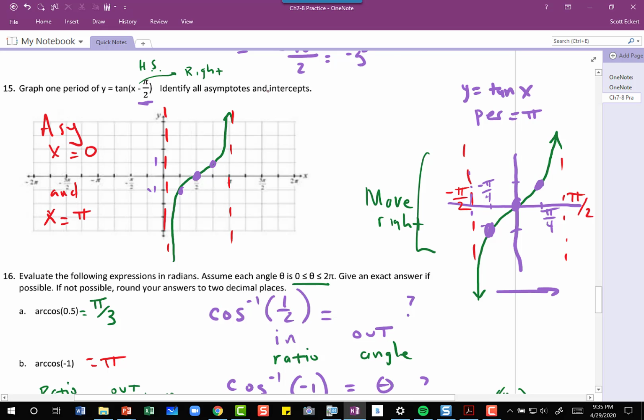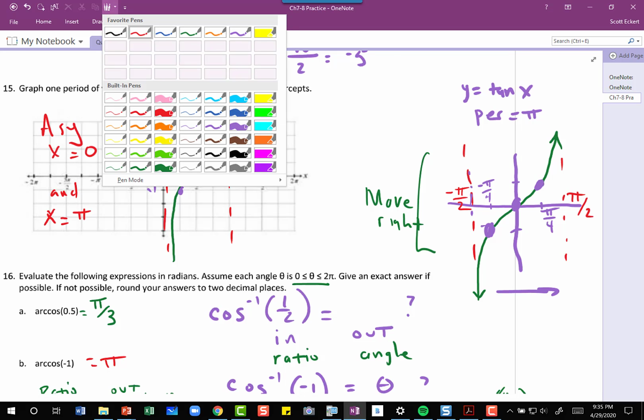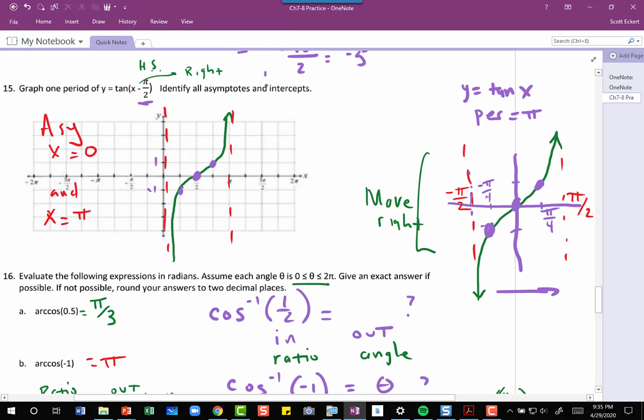So we have an intercept point at pi, 0. No, that's not right. It's right here. It's pi halves. And so that covers it. We got a quick sketch, we answered a few details about it, and so now we've got a little practice graphing tangents.